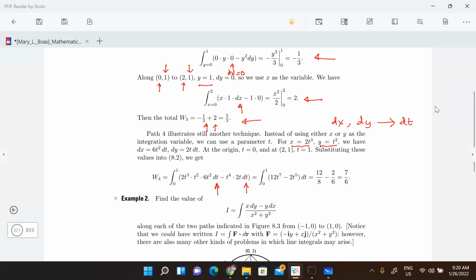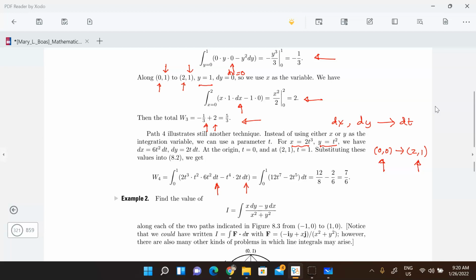The other thing that one has to remember is to look at the limits of the integral, because you have changed it. You have these endpoints of the path, so we need to determine what t gives you that and what t gives you the other endpoint.